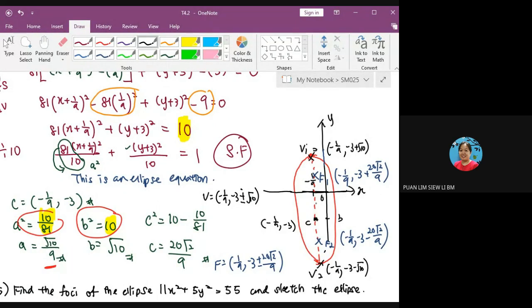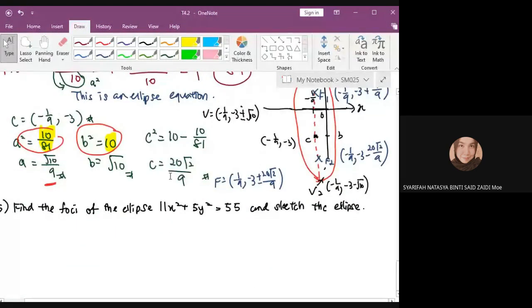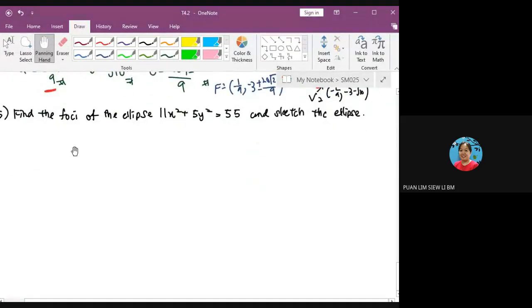Dah ke? Dah, Miss. Okay, so find the focal and then sketch.